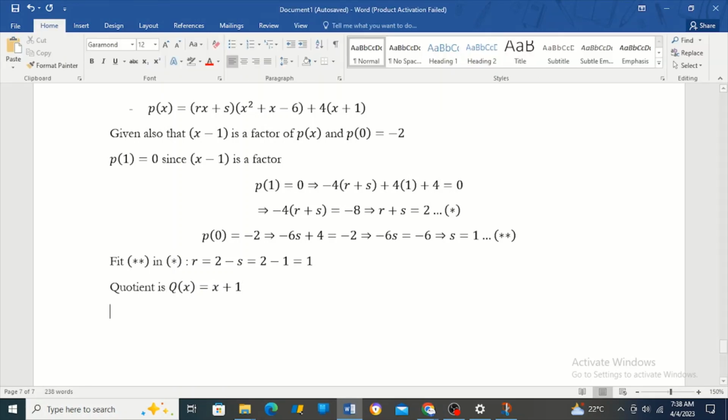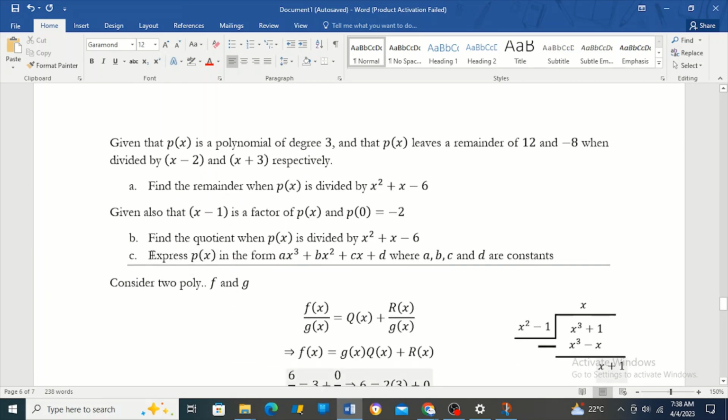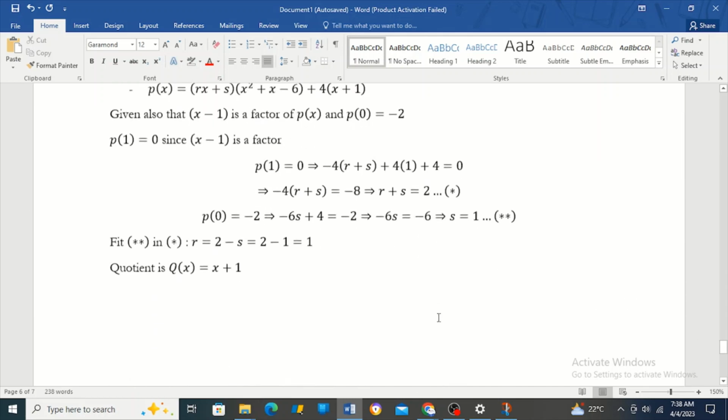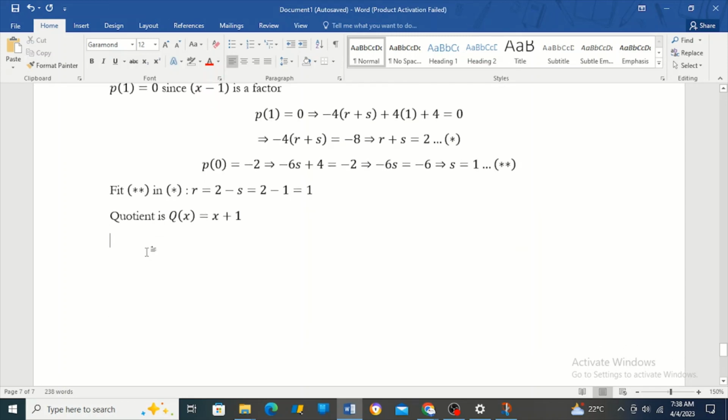Okay, now next part of the question, express p of x as this. So after expressing it, we are going to verify if actually x minus 1 is a factor. Okay, and then you're going to see the controversy that I'm talking about.